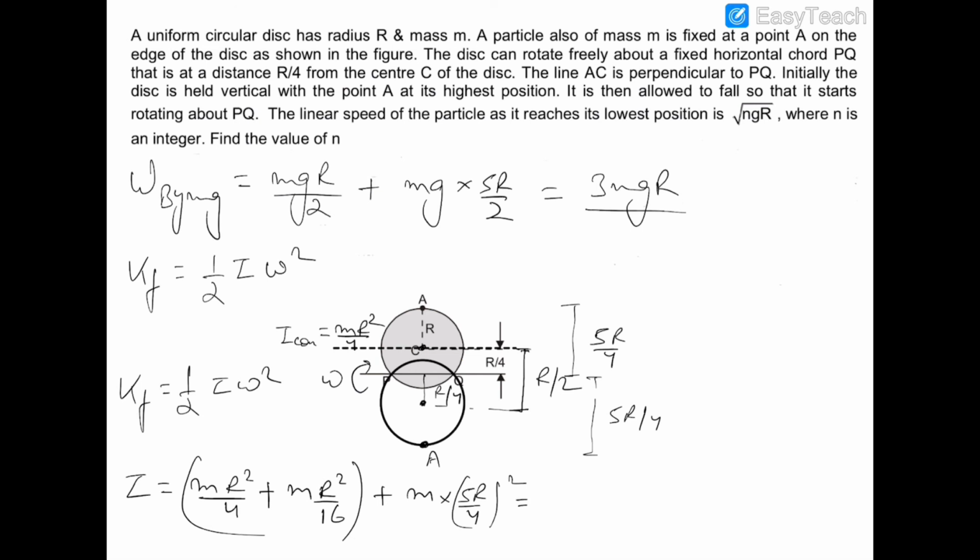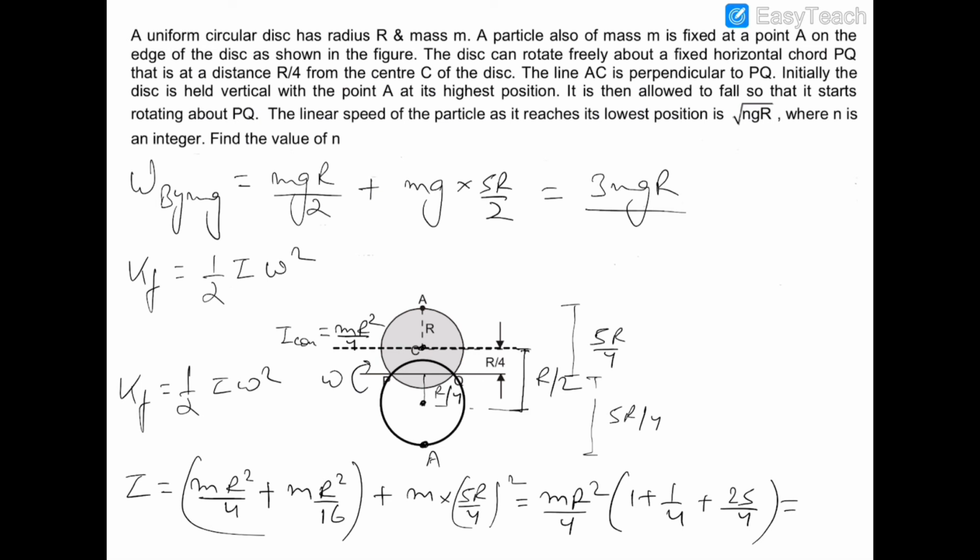So mr square is common and 4 is also common. So this is 1 plus 1 by 4 plus 25 by 4, which is equal to 4 plus 1 plus 25, that is 30 by 4.